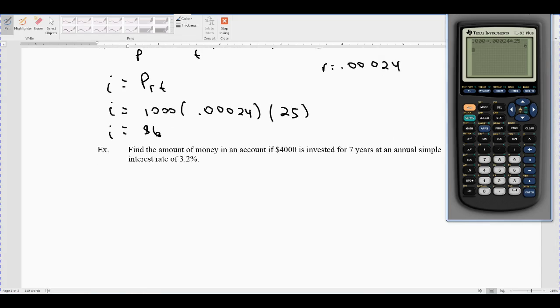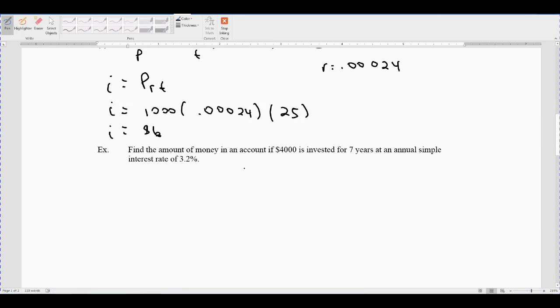Now let's look at this example. Find the amount of money in an account if $4,000 is invested, that's our principal, for 7 years, annual years same, and the annual simple interest rate of 3.2%, which is 0.032 as a decimal. So what we need to do is find the interest first, using that formula.